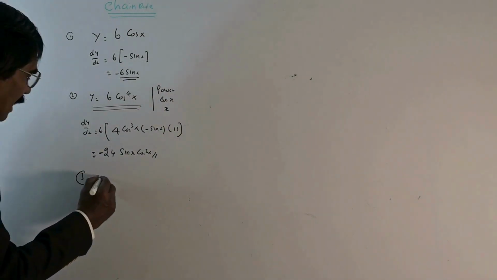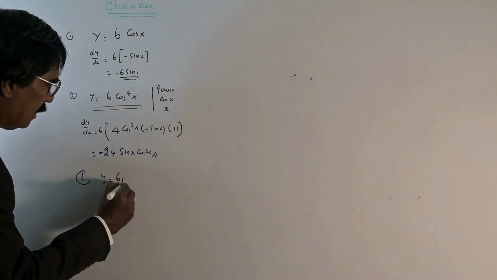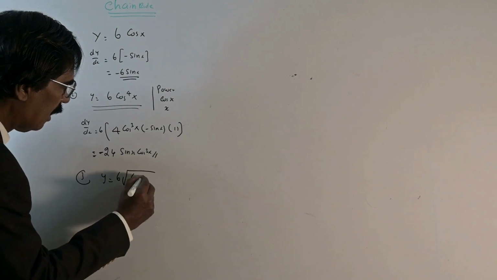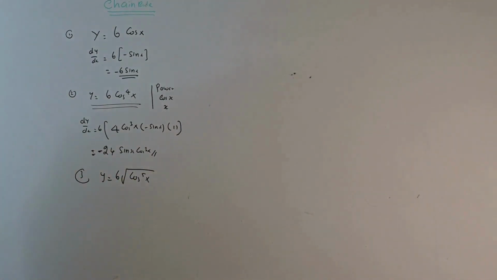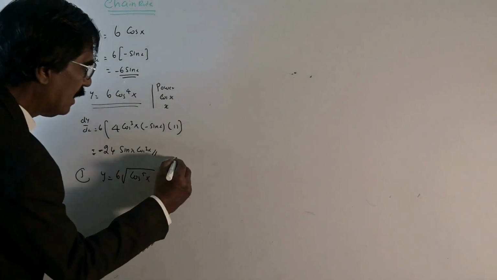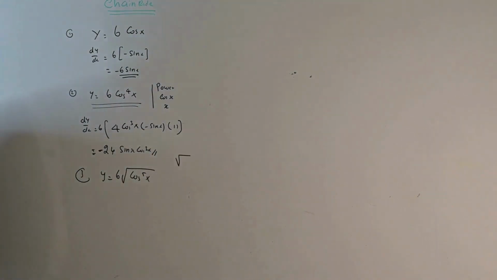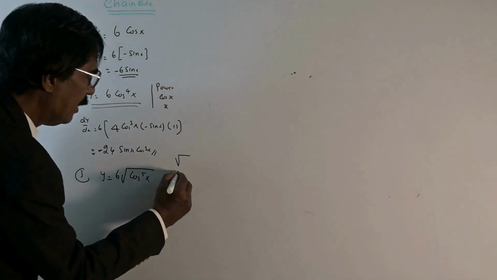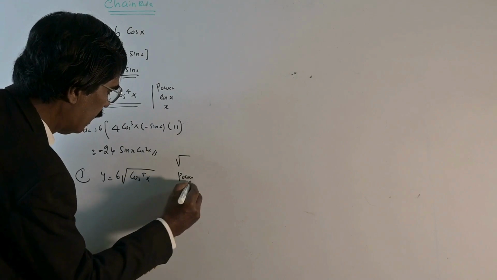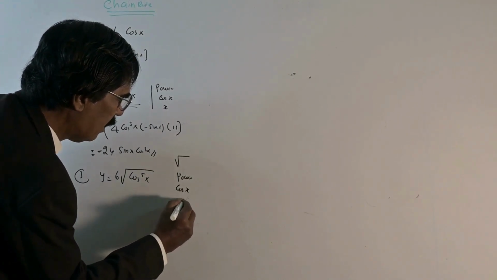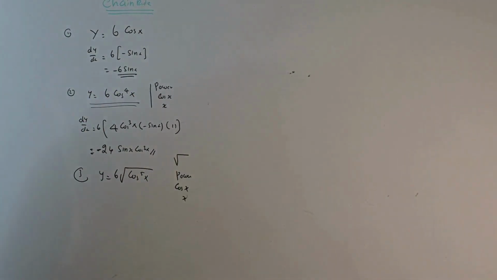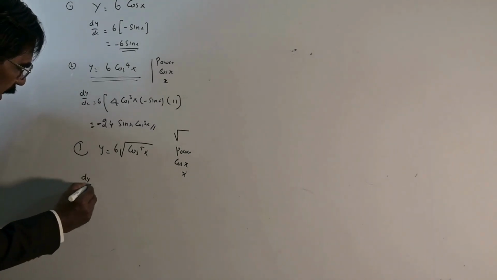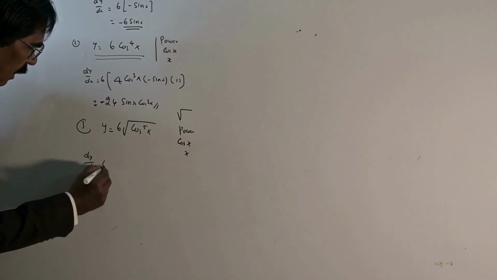Now let us see 6 root of, say, cos power 5 x. Here you see, first I must take the root. Then I must go for what? Power. Then I must go for what? Cos x, then x. That is a chain. So dy by dx, 6.